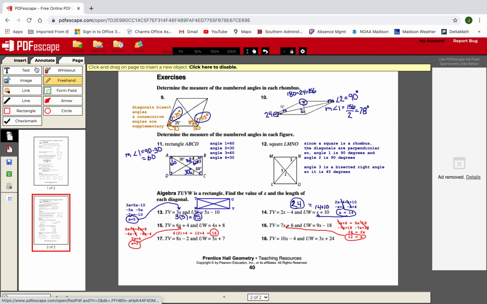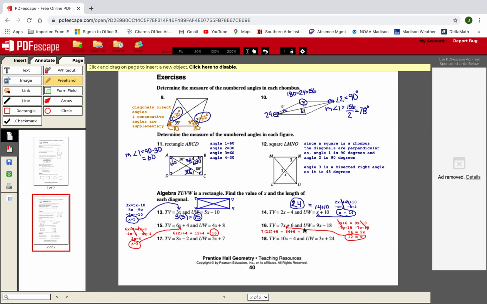So instead of saying 7x plus 6, I'm going to say 7 times 12 plus 6. 7 times 12 is 84. Is that right? 84. Yeah, plus 6. So then my final value for my diagonals is 84 plus 6, which is 90. 90 then is the length of my diagonals.